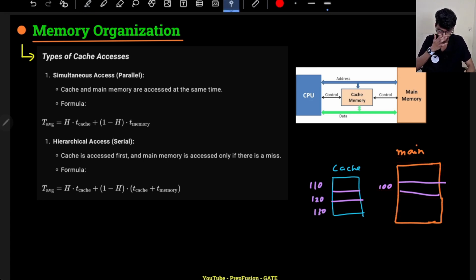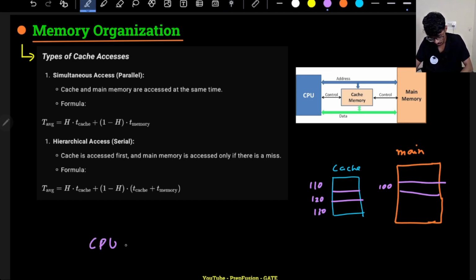So I am the CPU, and I ask for the data stored in location 100. I go to the cache first and see that it is not present in cache. Then I go again to main memory.